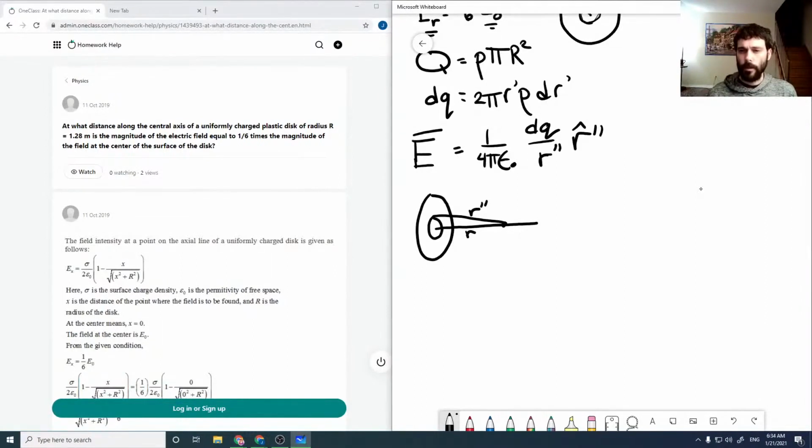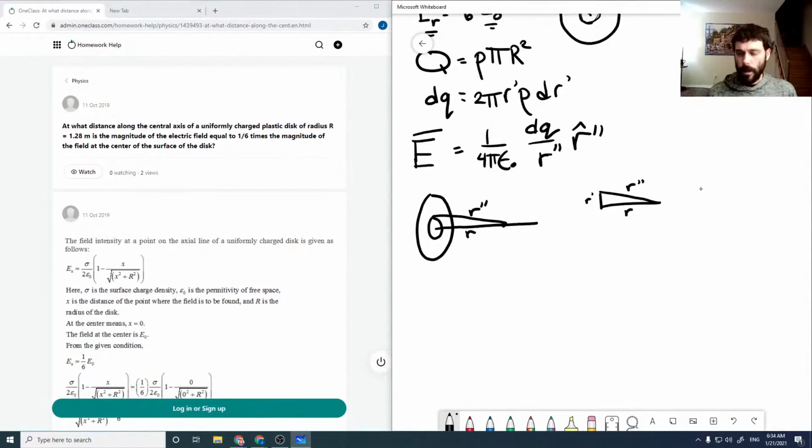So if we look at the triangle we've just drawn, here is our r double prime, here's the r we're interested in, and then here is our r prime, which we've defined in terms of our charge density there.